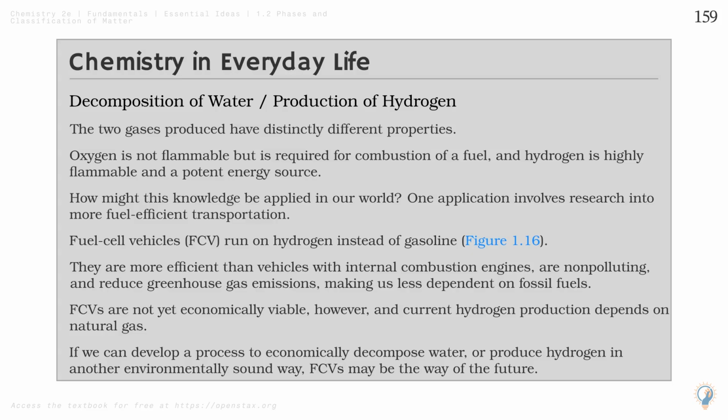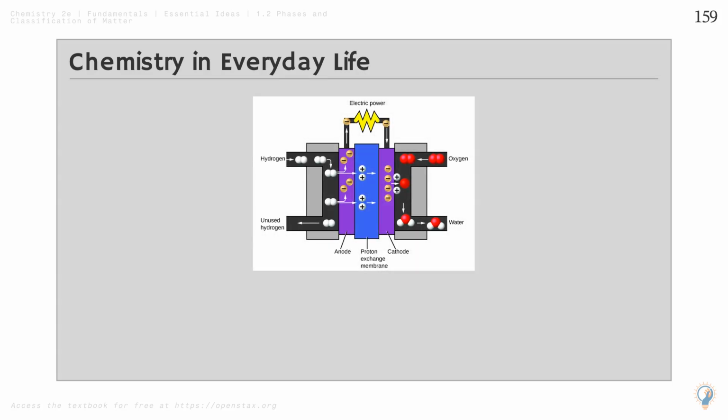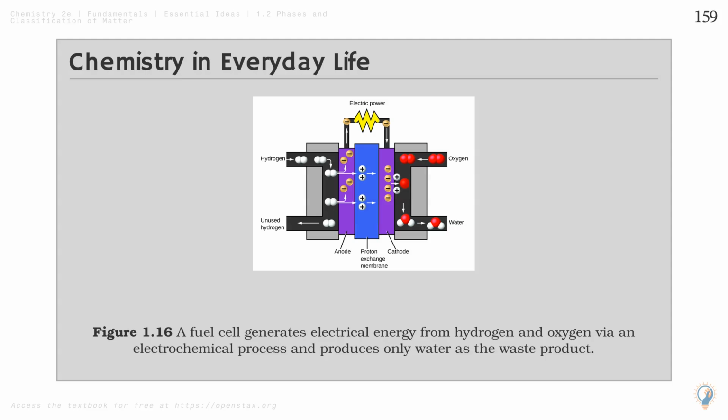If we can develop a process to economically decompose water, or produce hydrogen in another environmentally sound way, FCVs may be the way of the future. Figure 1.16. A fuel cell generates electrical energy from hydrogen and oxygen via an electrochemical process and produces only water as the waste product.